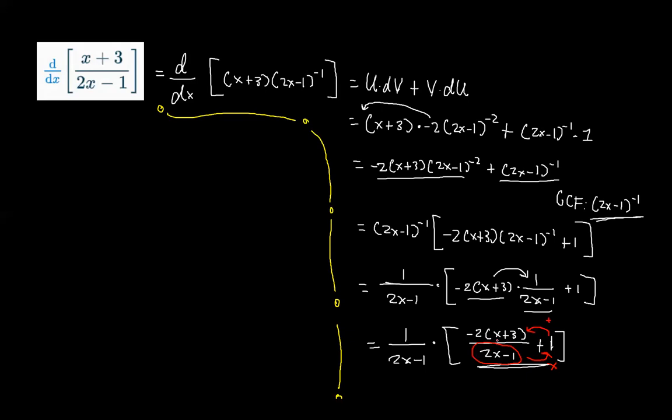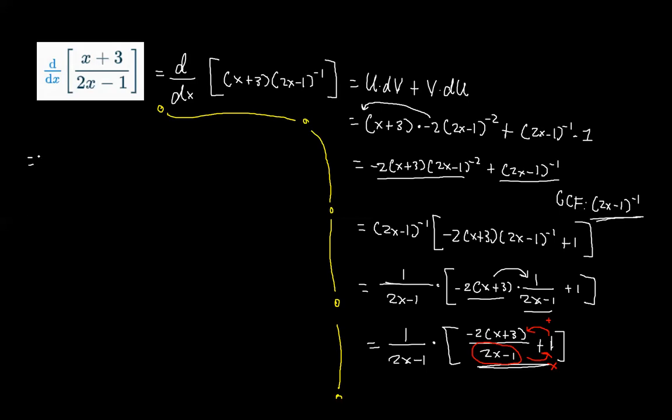Again, I'm going to multiply the denominator and 1, and the product will be added to the numerator. So 2x minus 1 times 1 is 2x minus 1, plus negative 2 times quantity x plus 3.